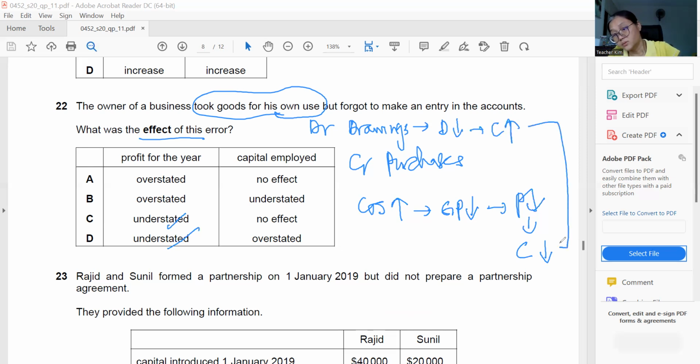So these two, you notice one up, one down. There is no effect. Capital employed has two components: one is capital, one is non-current liability. Since they only talk about capital, this is the effect for this capital. So the answer should be the one. So let's move on.